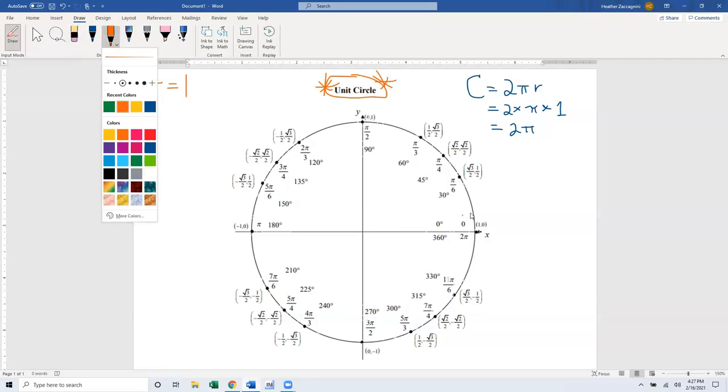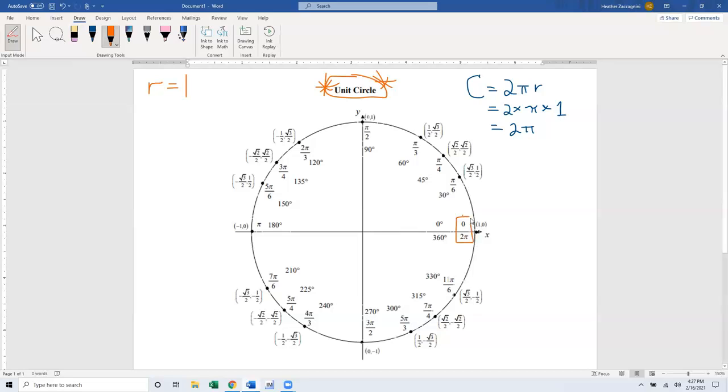The 0 and 2 pi here, the distance around the circle for the unit circle, are in a unit called radians. So this is 2 pi radians. It's written as RAD, that's the abbreviation. And radians are a unit that can be equated to degrees. So we can convert degrees and radians back and forth, but it really is its own deal.